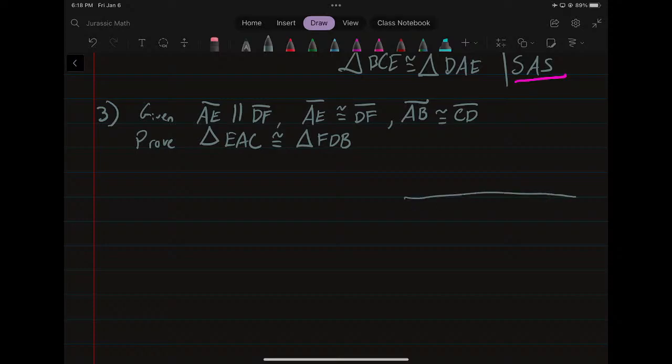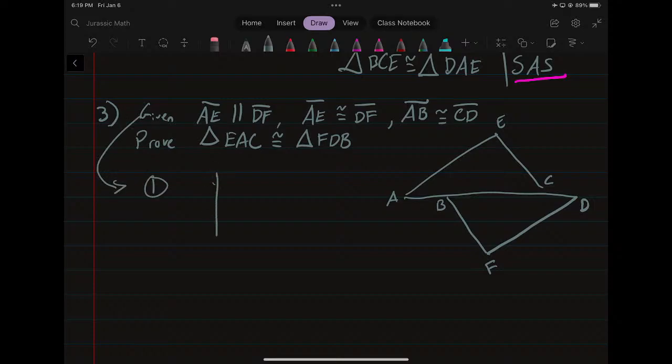We have a line here, line here, line here, line here, line here. Going to label my picture. A, B, C, D goes along here. E's up top. F's on bottom. And so that's statement number 1 with a given as a reasoning.